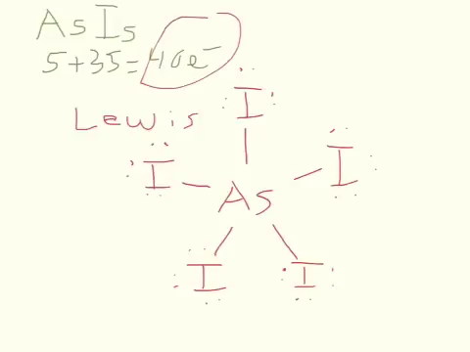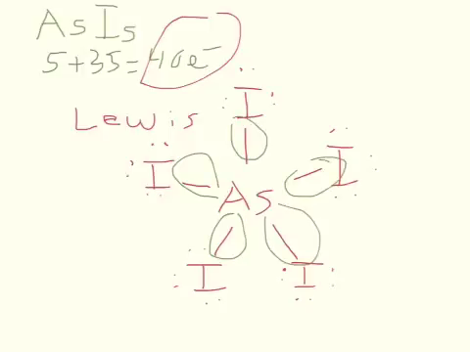And from this structure we can tell that it's a trigonal bipyramidal due to the number of bonds it has with the iodine. So from the previous slide, we figured out that arsenic pentaiodide was a trigonal bipyramidal. Knowing this, we can now draw the VSEPR diagram.